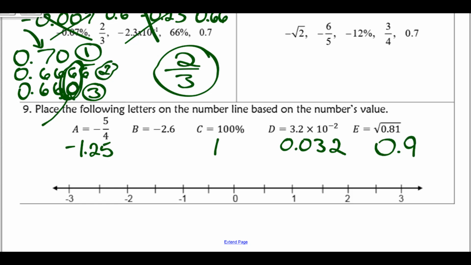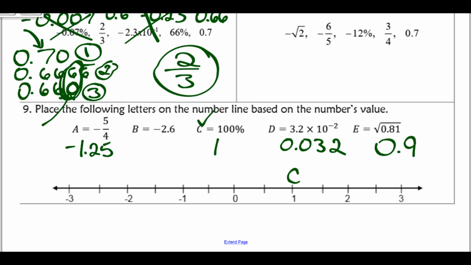Now that they're all decimals, make sure that you're actually able to convert those into decimals. If you can't do that, the next step is going to be impossible. Now that they're all decimals, I'm just going to try to drop those in. I'm going to start with the easiest one. C is 1. I'm just going to put that right where it's supposed to go, on top of 1.